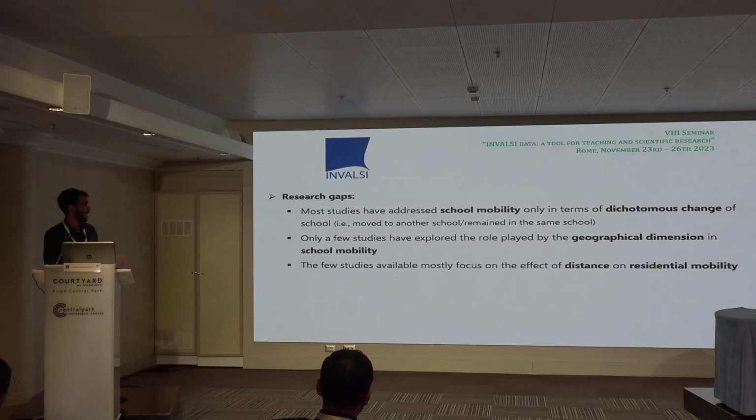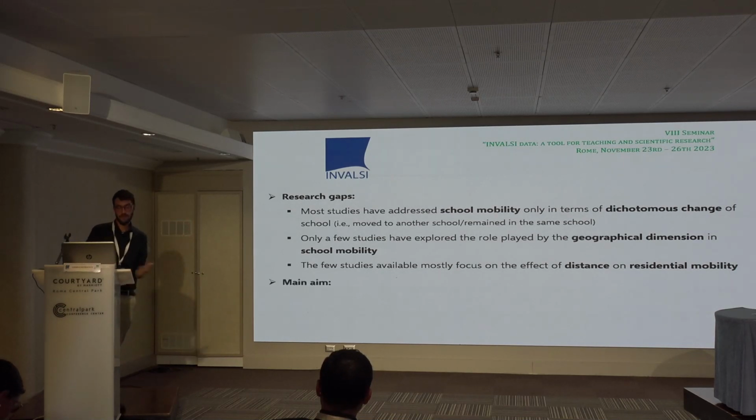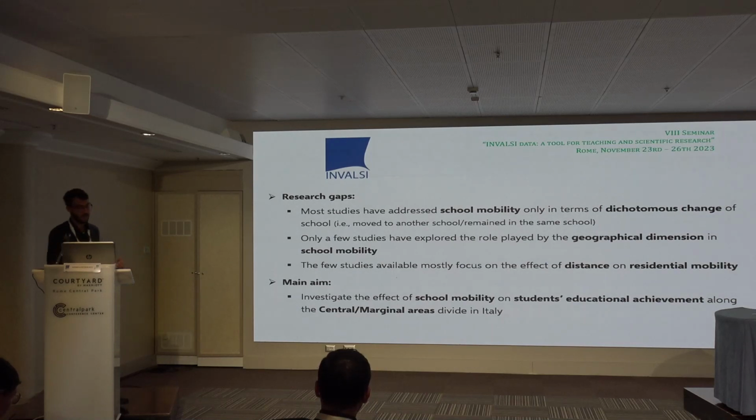Indeed, the few studies accounting, for example, for distance and other geographical variables only focus on residential mobility. So the main aim of the study is to investigate the effect of school mobility on students' educational achievement along a divide which is particularly relevant in the Italian territory, between central and marginal areas.